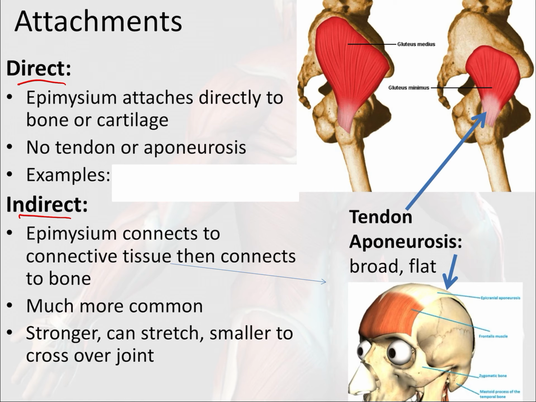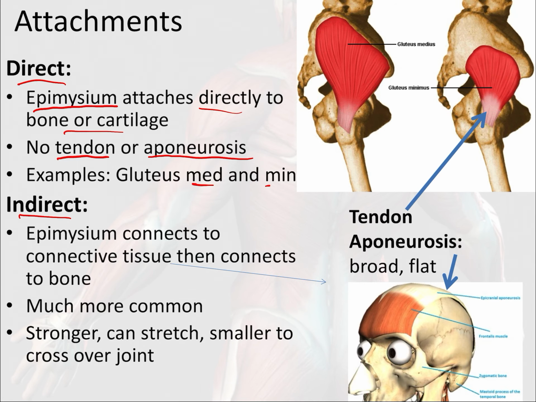What we see here is the epimysium attaching directly to bone or cartilage, which means there's no tendon or aponeurosis. Examples of these would be gluteus medius and gluteus minimus. See right in here at the origin site, there's no tendon there. There's no white tissue. It just goes muscle right to bone. So that's less common, but we do have those sometimes. We have it right here on these bones in the head as well.